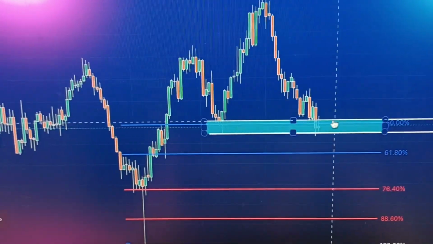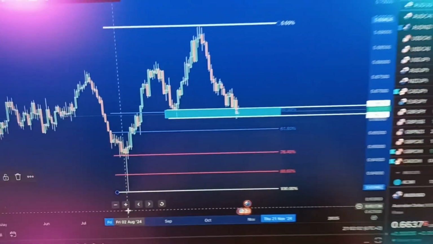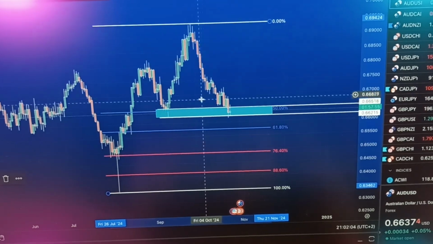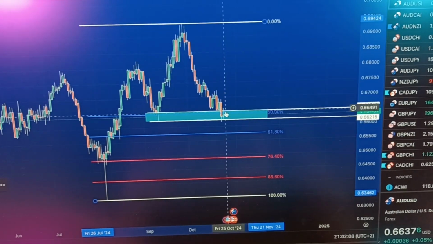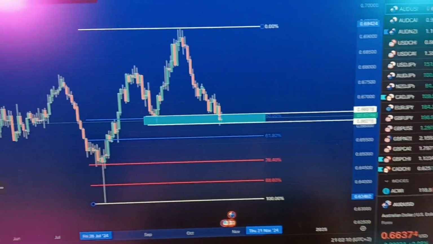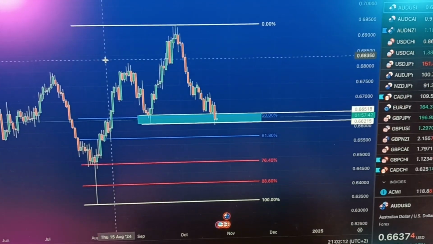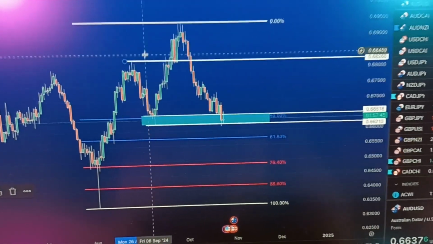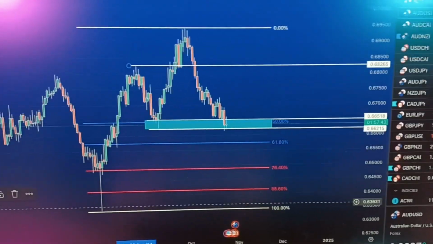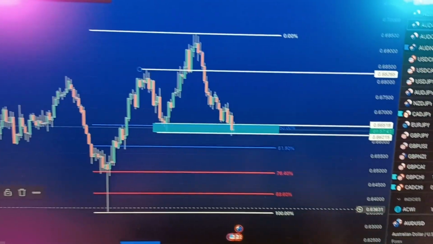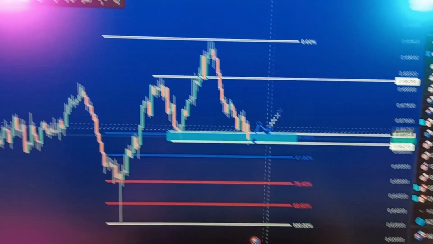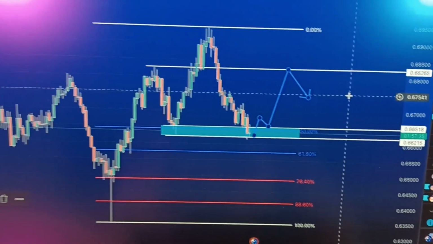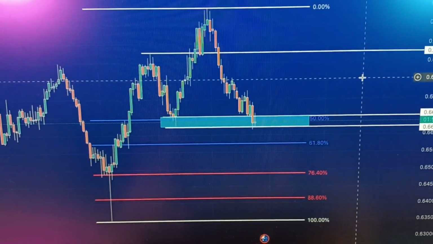So again, here is the 50% if you go all the way to the low to here, right? And last time we were here we did have a nice rally, so I'm assuming we could have a nice rally here again to minimum go again to this high point, right? So then it's looking kind of like a head and shoulders. So I'm assuming here also something like this to come, right? So looking pretty good here.